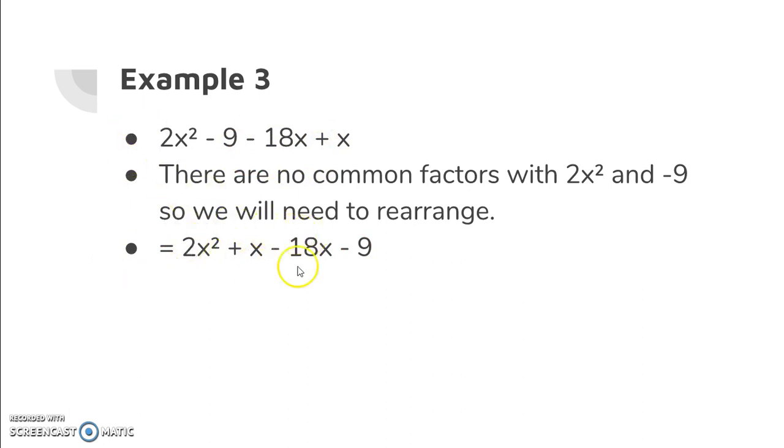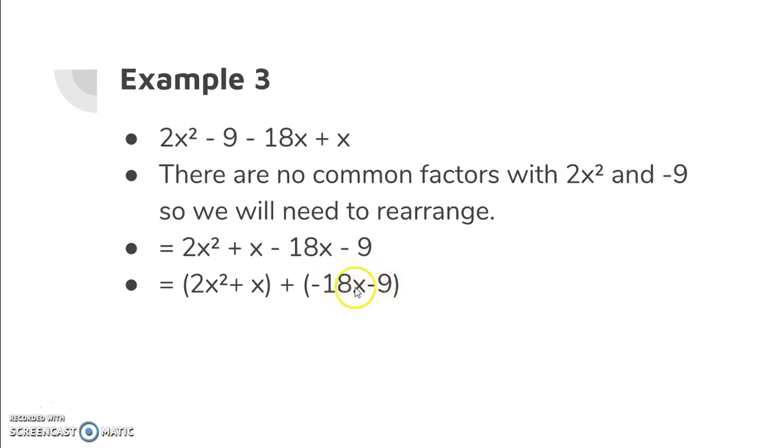It won't change the overall equation, but it'll make it easier for me to pair it up and find common factors. So these are my two pairs. I have the 2x squared plus the x. I'm going to add the minus 18x minus 9.